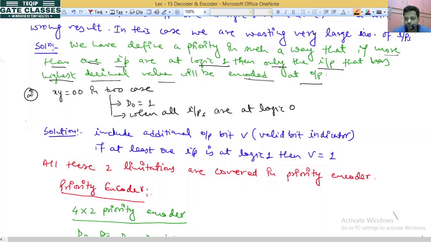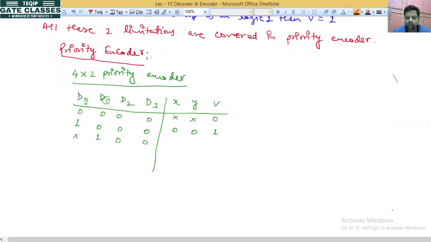Okay, na. So which one will be encoded at the output? The input having the highest decimal value. If X is 1, this has decimal value 0, and this 1 has decimal value 1. Okay, na. So out of 0 and 1, which one is highest? 1. So 1 is going to be encoded here, and since this is a valid input, V will be 1.